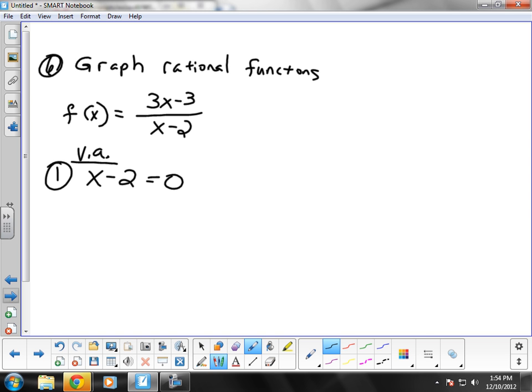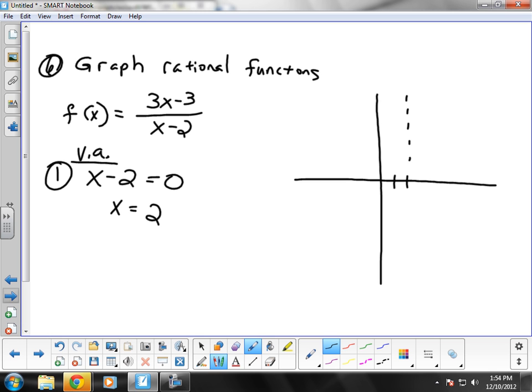Since nothing's going to factor out here, I have x is equal to 2. Okay, I added 2 to both sides. So I'm going to go over here to where x is equal to 2, and I'm going to draw in my vertical asymptote. Because what you're going to do is build yourself a skeleton so that you can lay everything else in on it. It's your framework.